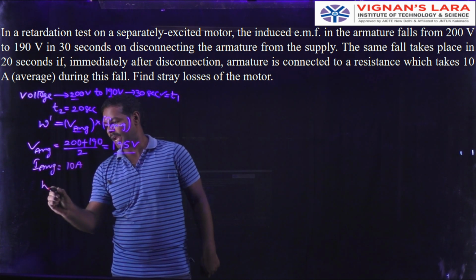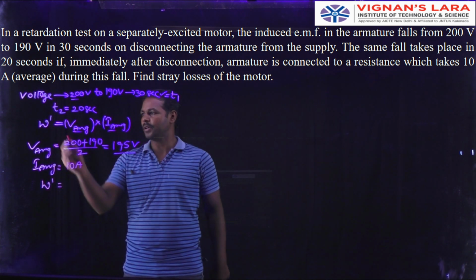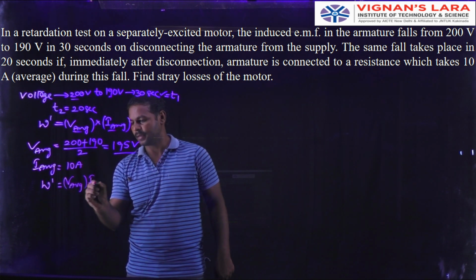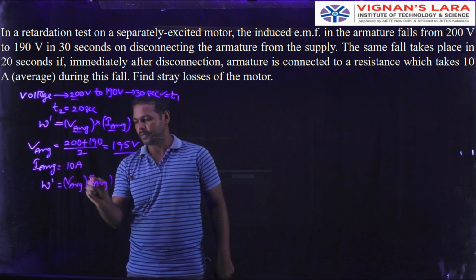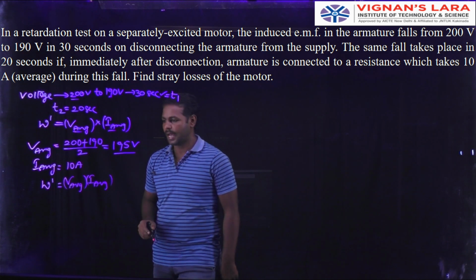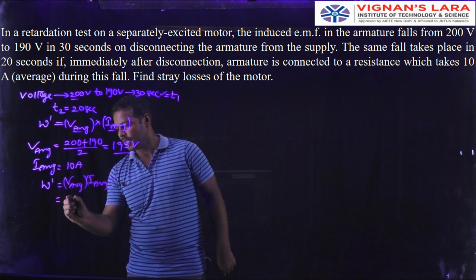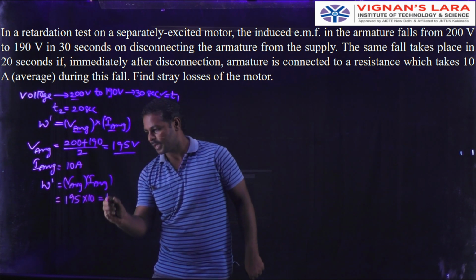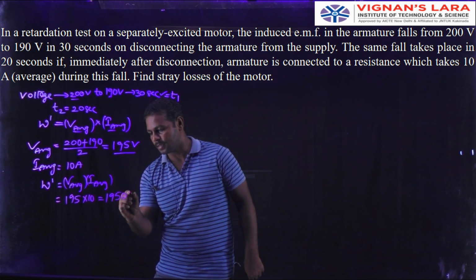Then W' is equal to V average multiplied by I average, which is 195 multiplied by 10, equal to 1950 watts.